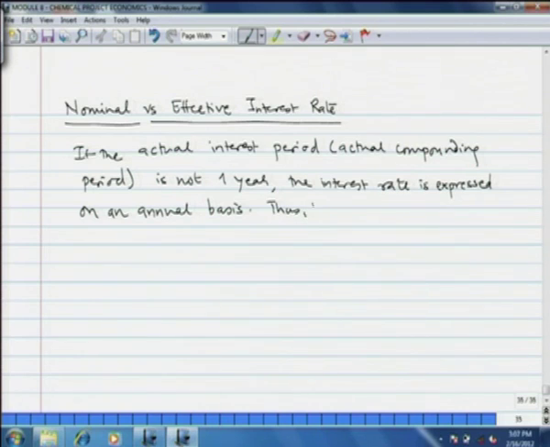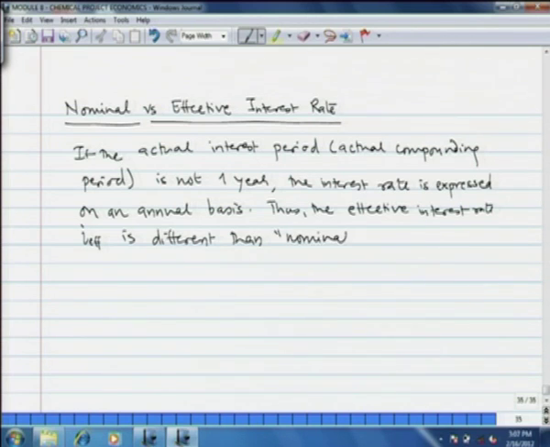Thus, the effective interest rate that we denote as I subscript EFF is different than the nominal annual interest rate, and the nominal annual interest rate we denote as I.